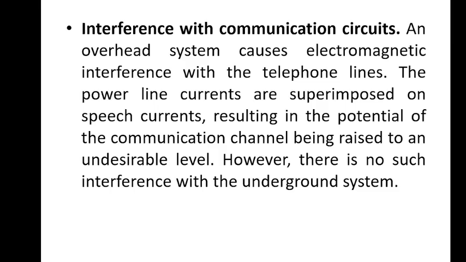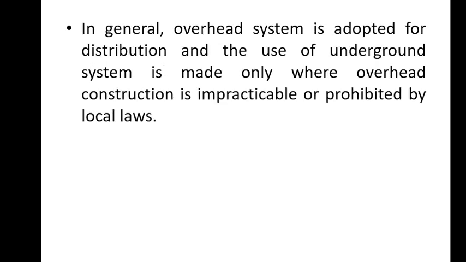In contrast, underground distribution systems largely eliminate this problem because the cables are shielded and buried, reducing the electromagnetic interaction with nearby communication lines. As a result, underground systems are more suitable in areas where reliable communication infrastructure is very critical and very important.